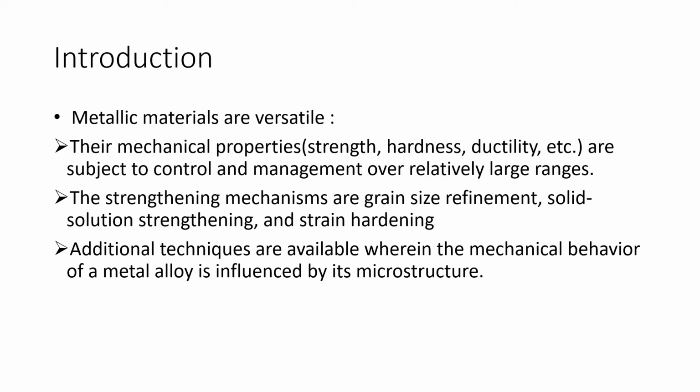These strengthening mechanisms were already discussed by Mr. Mohsen in the previous lectures: grain size refinement, solid solution strengthening, strain hardening. Some additional techniques are available, like the mechanical behavior of a metal alloy being influenced by the microstructure, as I discussed in the phase diagrams.